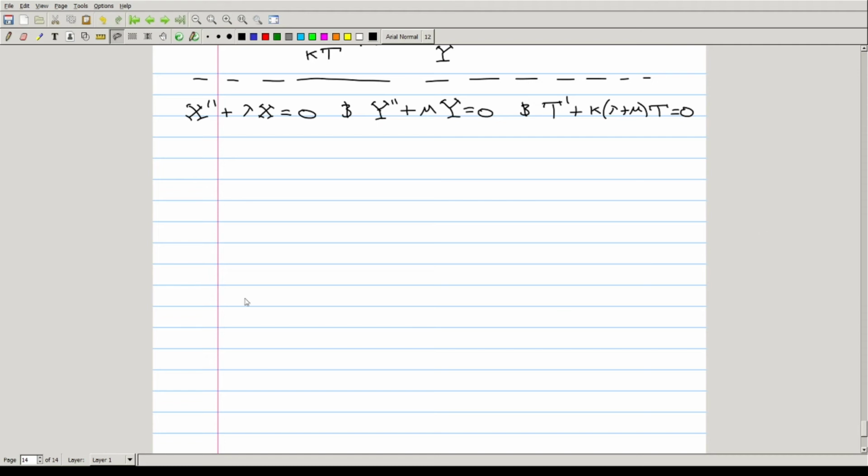And just like before in the 1D case, we can go through and solve these. First off, we know that T of t will be equal to T naught times e to the negative k times lambda plus mu times t.